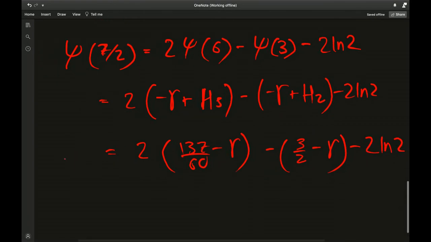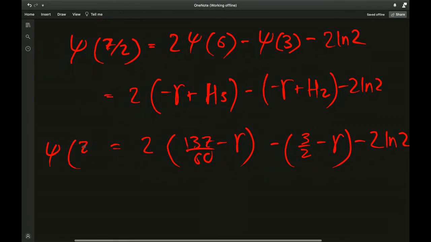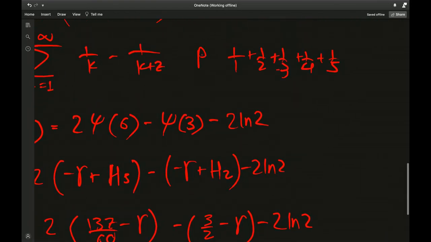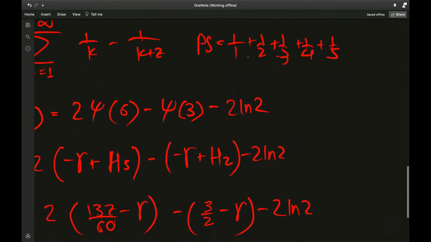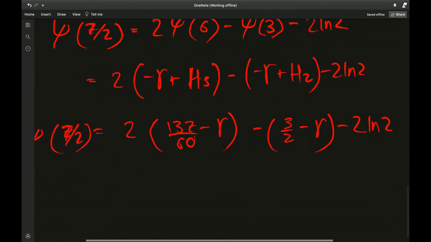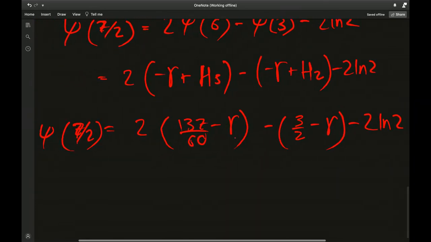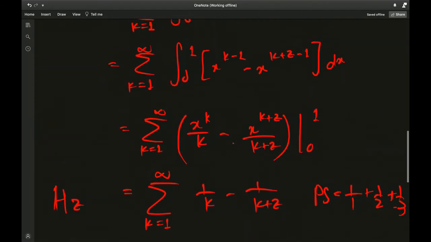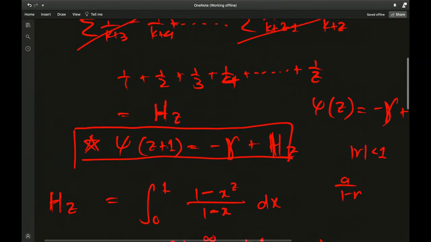That, my friends, is the value of digamma of 7 halves. And you can basically keep on generating these formulas as long as you're willing to calculate these partial sums for the harmonic number. You can have a computer do it for you if you're lazy, but this is a nice way of going about things now with this formula.